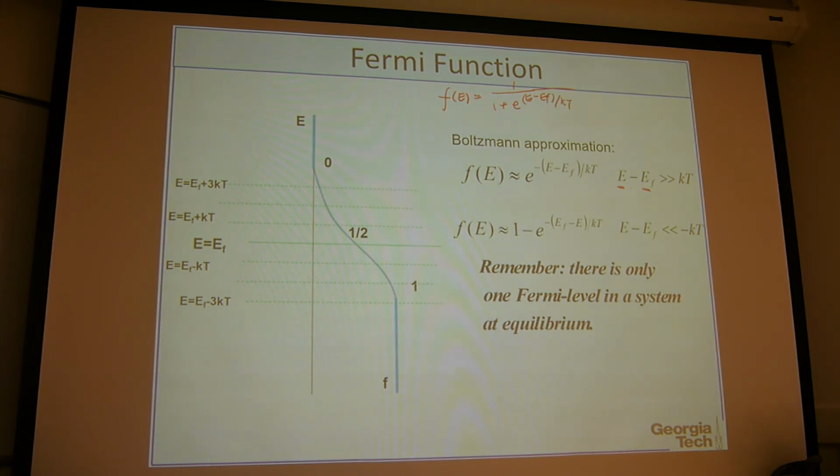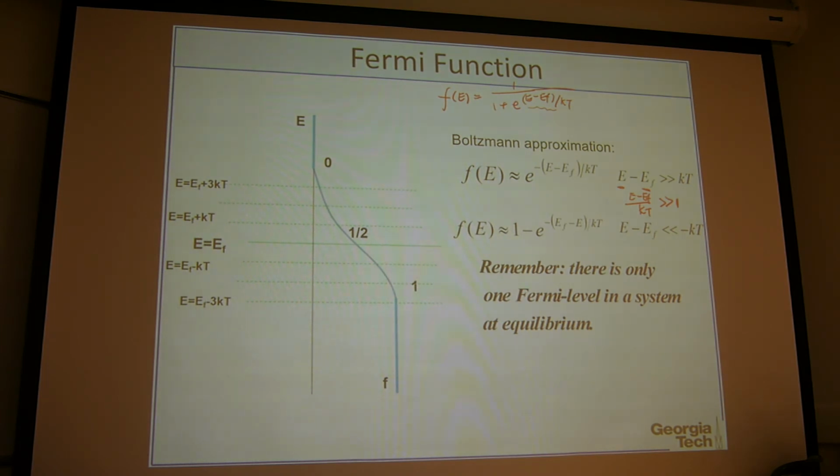And if E minus EF is much larger than kT, that means E minus EF over kT is much larger than 1. So this term is much larger than 1. If the exponential function is much larger than 1, it's a very large number.